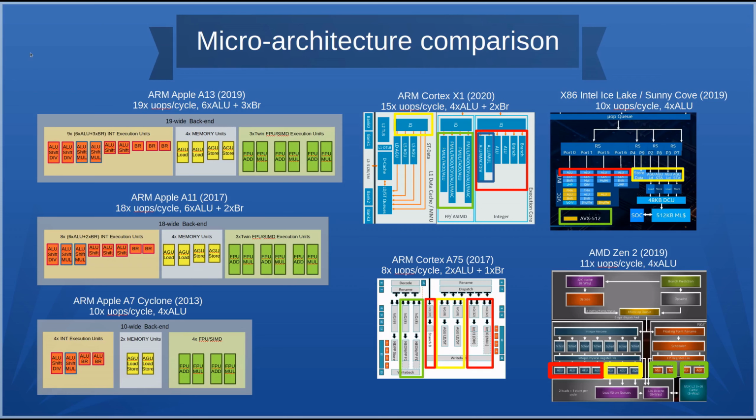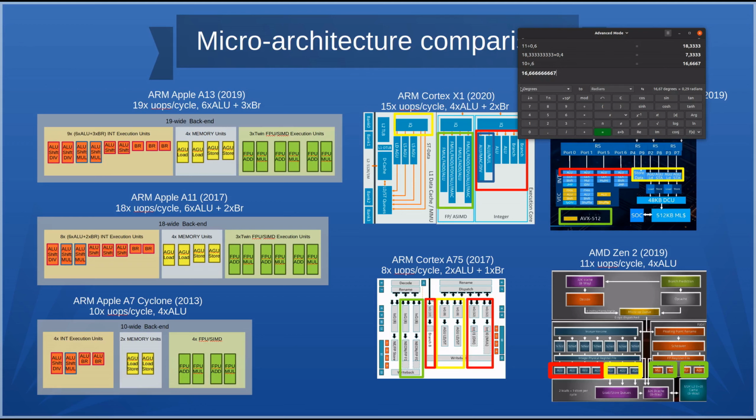So when we do the calculation for Cortex X1, we will get 10 units for the integer and the floating point, divided by 0.6, should be a total of 16 units, which means 40% should be memory.